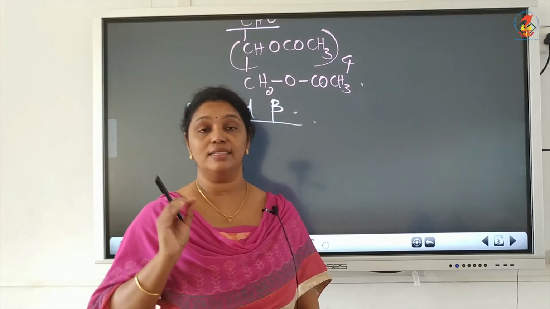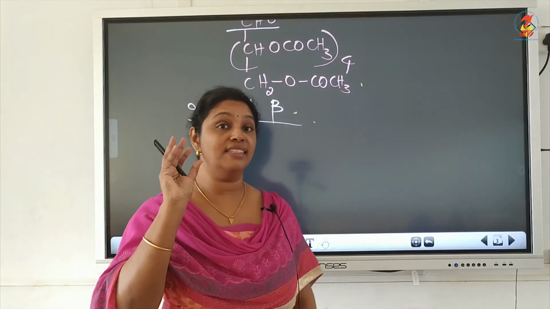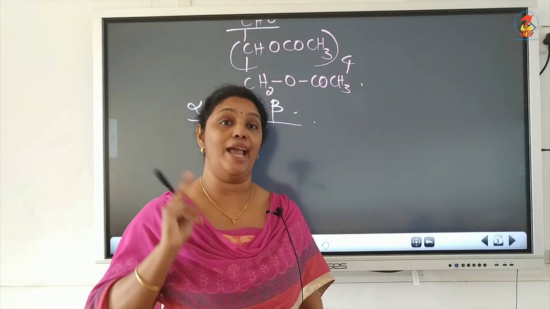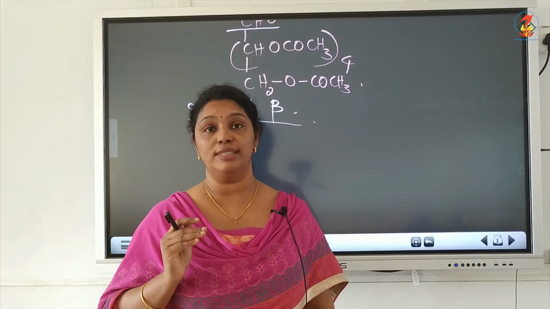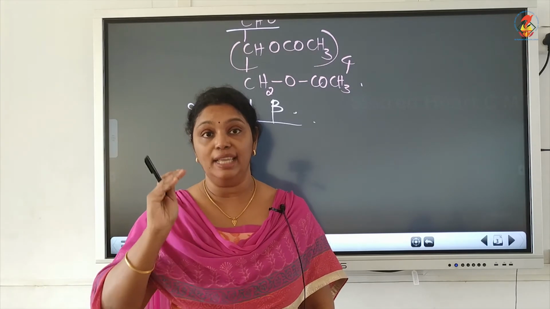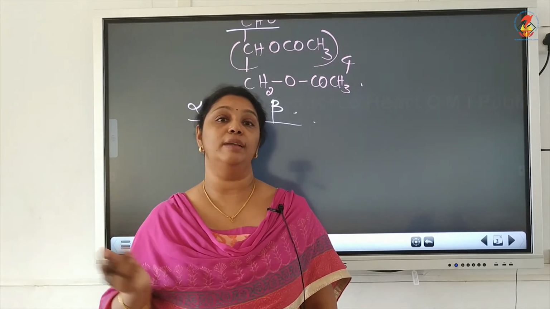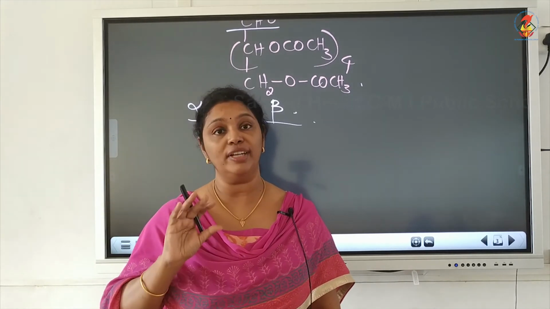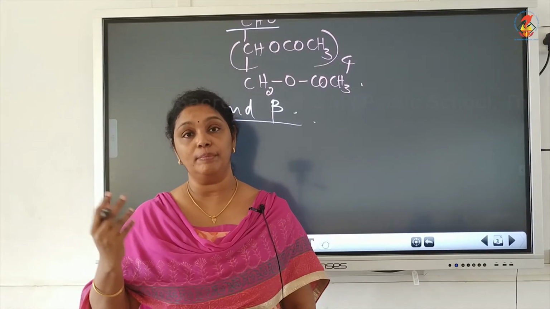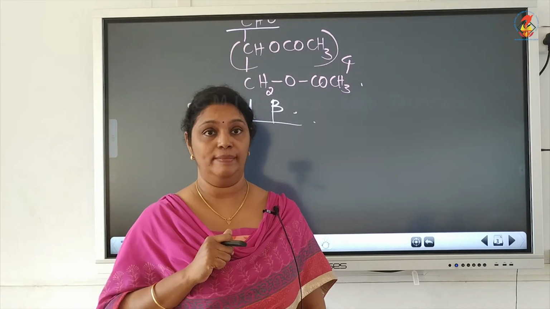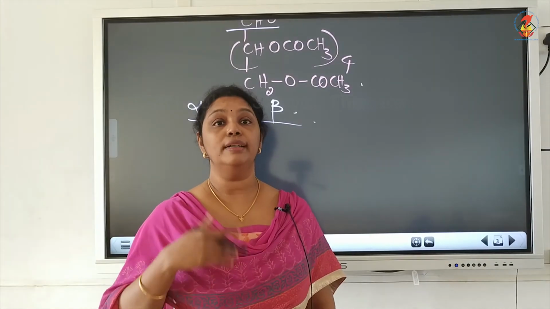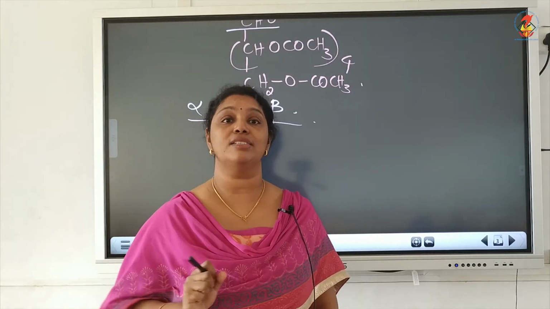So the last reaction is the existence of glucose in two forms, alpha form and beta form. So now we have the name of glucose as alpha D plus glucose and beta D plus glucose. And this alpha D plus glucose and beta D plus glucose, they are in equilibrium with the open structure of glucose. So I am going to show the formation of a cyclic structure of glucose.